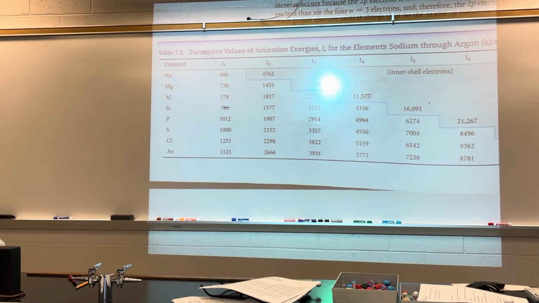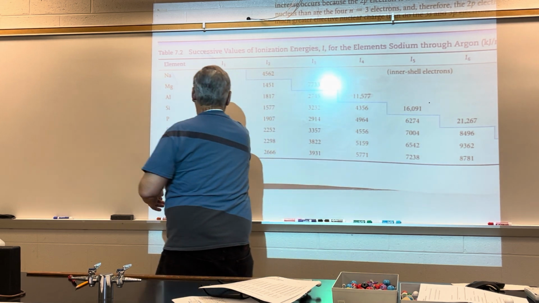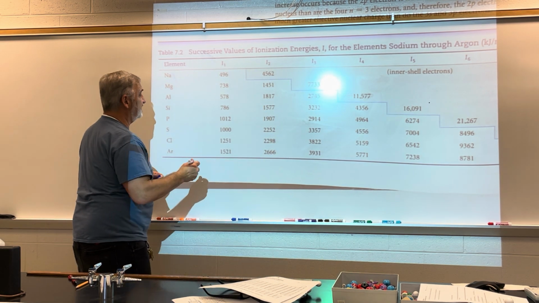If I want to remove successive electrons, not just the first electron, but a second, a third. Sodium has 11 electrons. How much energy does it take to remove the first one, the second one, the third one, the fourth, the fifth, all the way up to 11? Notice with sodium, the first one is 496.